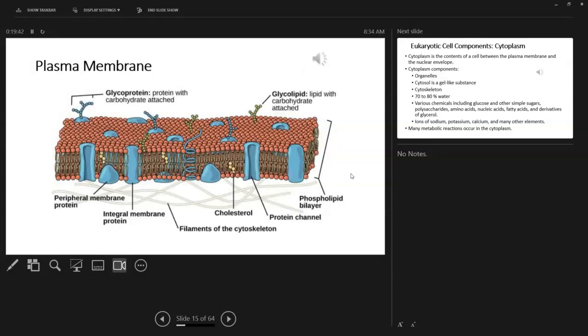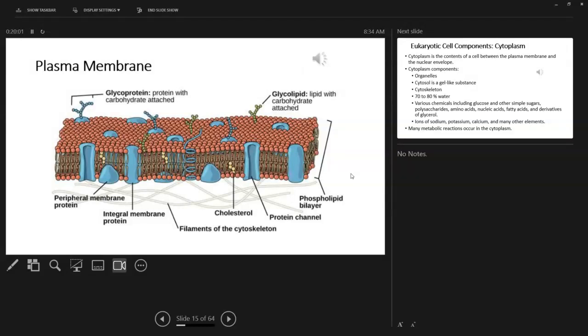But these ones that penetrate all the way through, this is a cross-section or cutaway view of this protein molecule, and it looks like it has a tunnel or a channel through it. Here's another one. So these are called channel proteins.